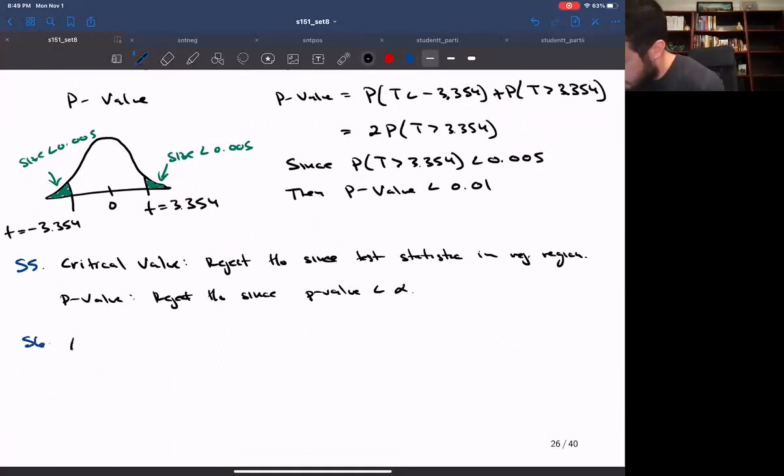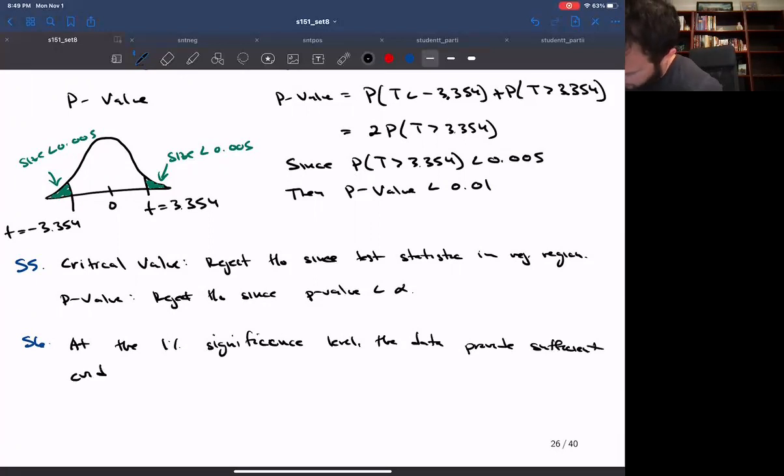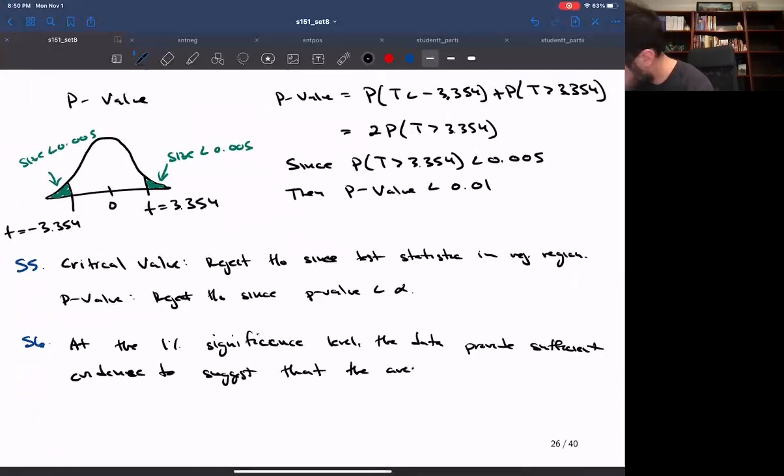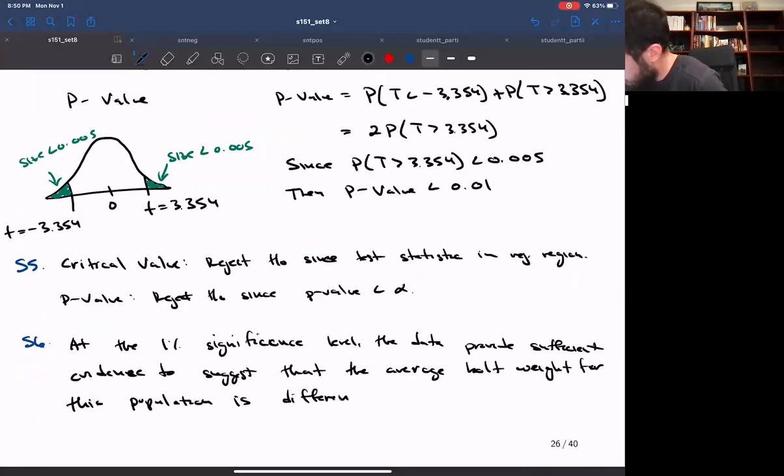Okay, and then on step 6, we would say at the 1% significance level, the data provide sufficient evidence to suggest that the average bolt weight for this population is different from 2.50 grams.